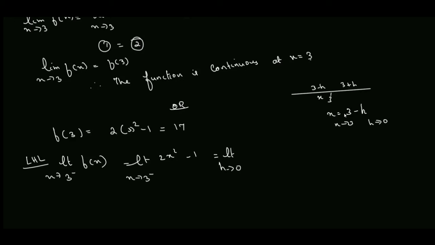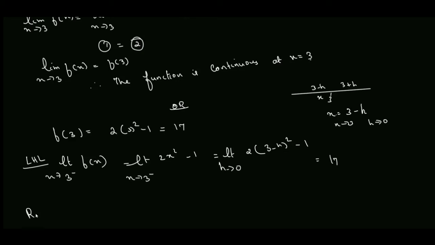If I put 3 here, 3 minus 3, so h tends to 0. So limit h tends to 0 of 2 into 3 minus h the whole square minus 1. When I put h is 0, you get 18 minus 1, 17.